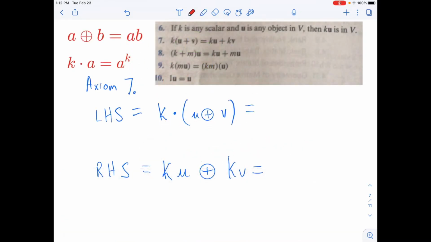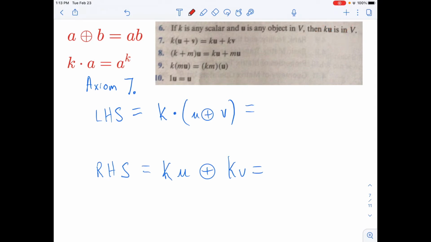And actually, axiom 6 isn't that interesting. It just says that when you take a real number and raise it to the power of k, if your real number was a positive real number, and k is any scalar, so any real number whatsoever, you end up with a positive real number. So let's just test that.